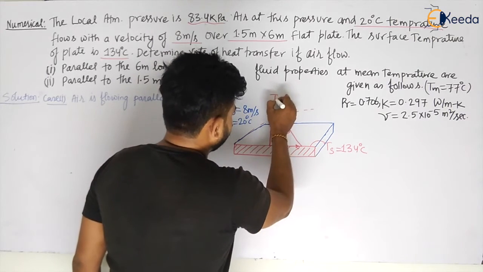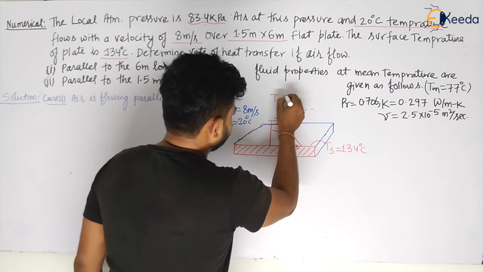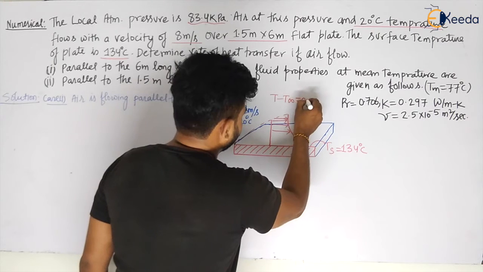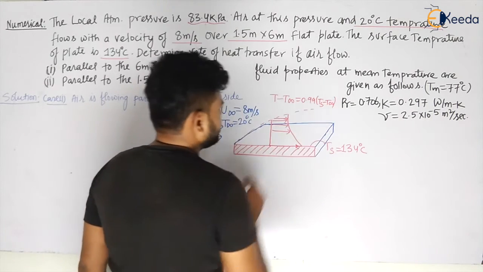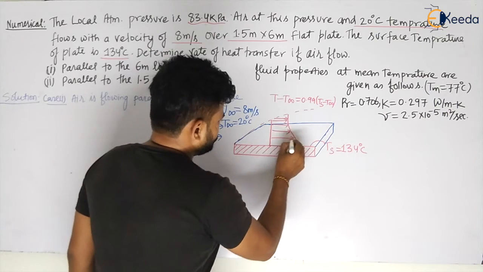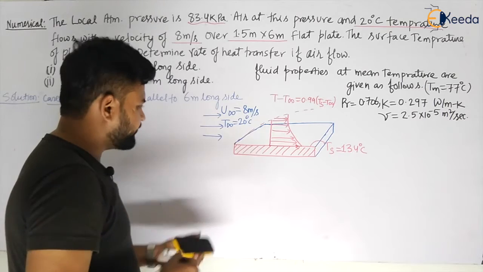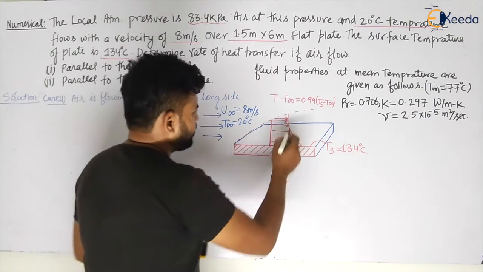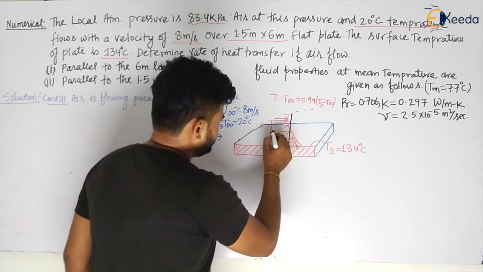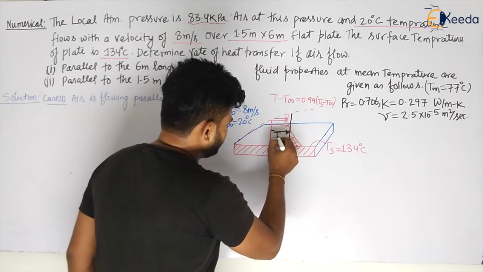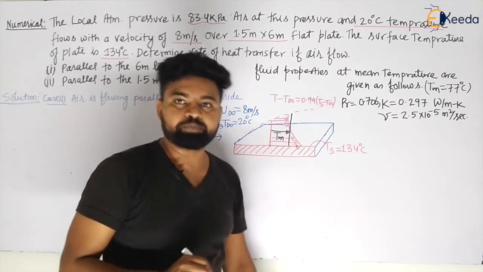And here the temperature T minus T infinite will be equal to 0.99 times Ts minus T infinite. So this will be the case. They have calculated a mean temperature. I am revising the concept, my dear students, so that you can easily have all the values. At that mean temperature, all the fluid properties are calculated and he has given all the fluid properties.